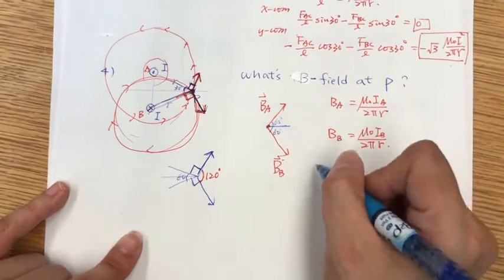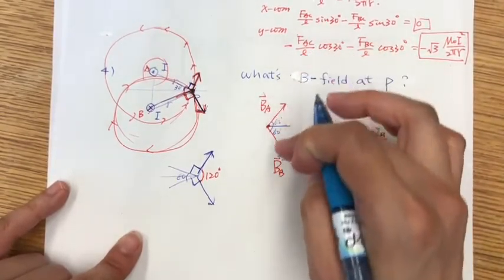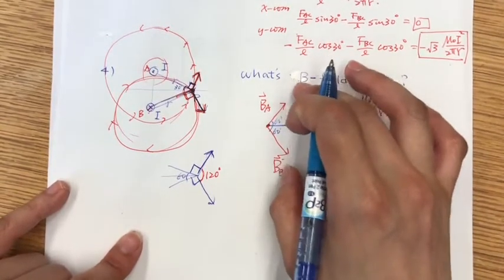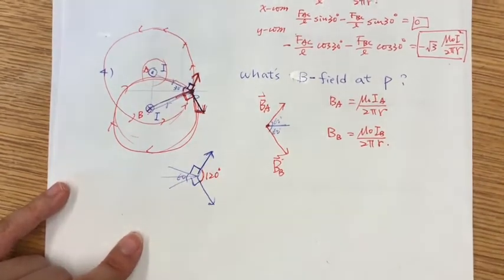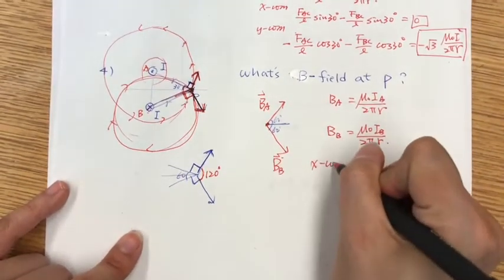So the total magnetic field for this point is a 2-dimensional problem, so we need to separate it into x component and y component.